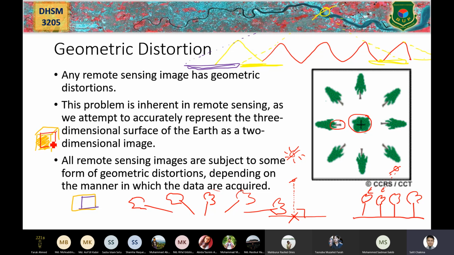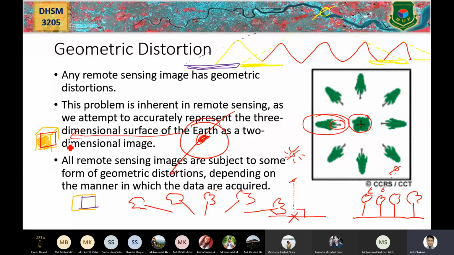But since the satellite image has this geometric distortion, maybe the nadir point was here, so this was the satellite. We have taken a view which has an angular view. Instead of looking into this nadir point, it's looking into this tree, for example, on the west side. So that's why the building appears to be a little bit inclined to us.